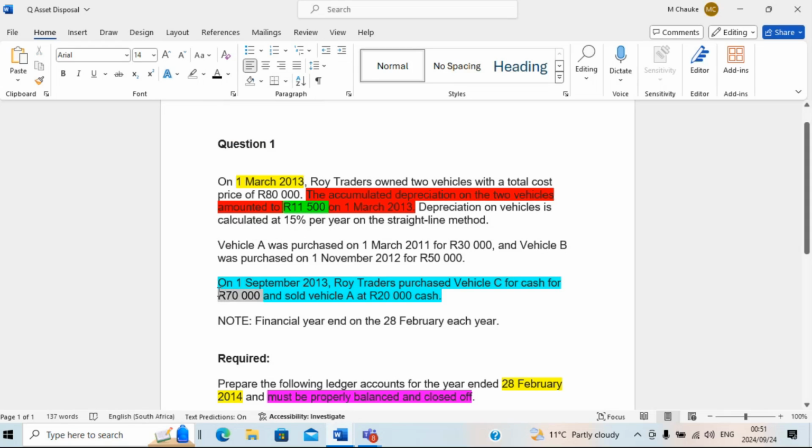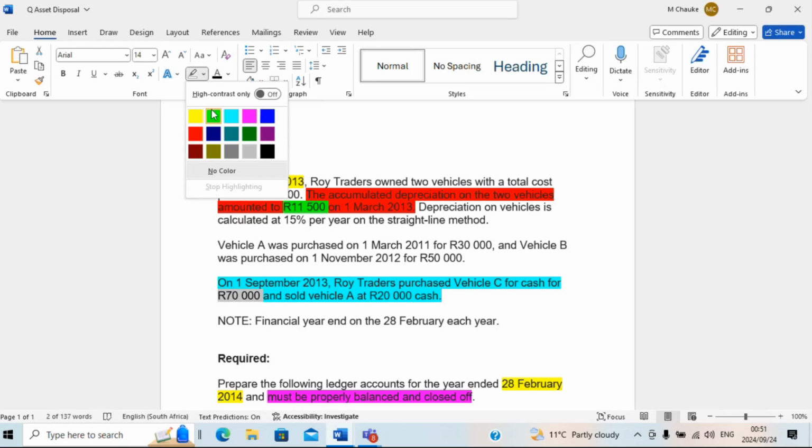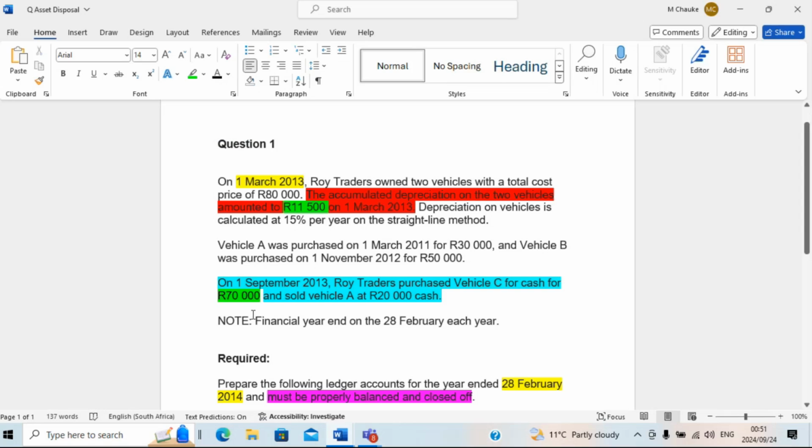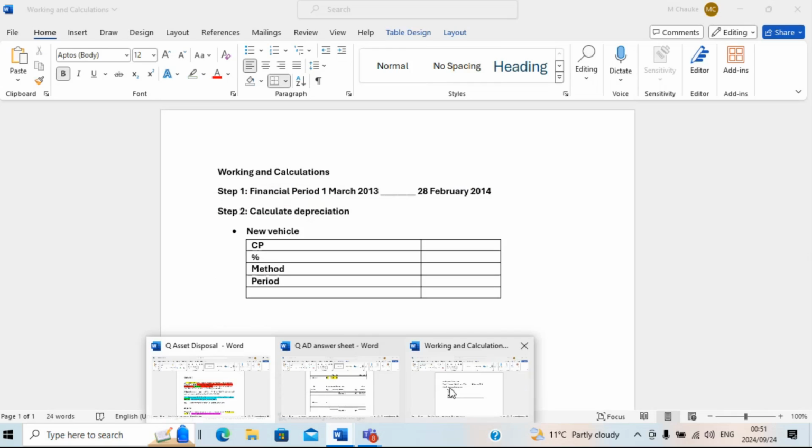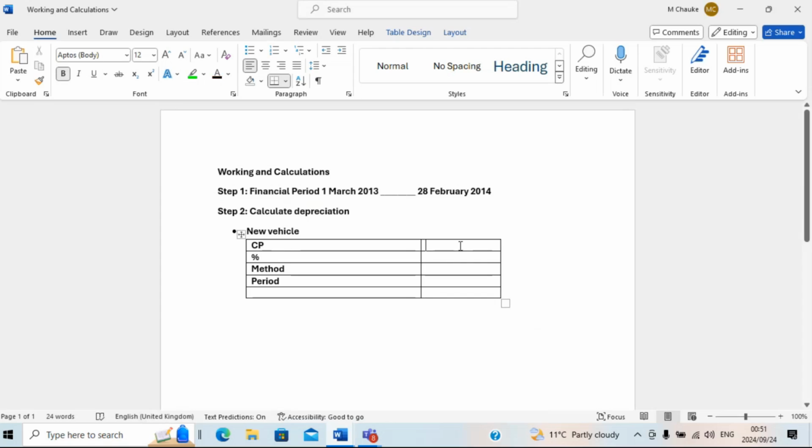Let me highlight it. I think you can see this one: 70,000. So we determine the cost price, 70,000 rand. That's the number one thing we must do.